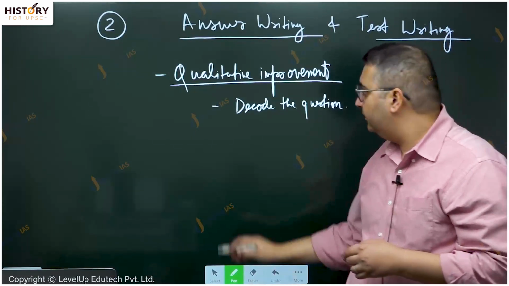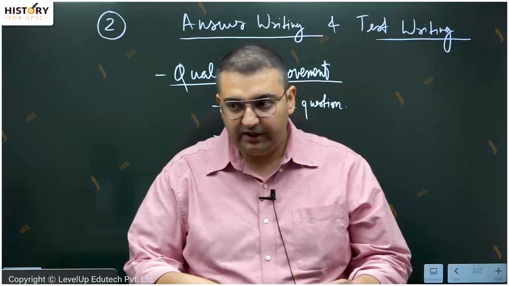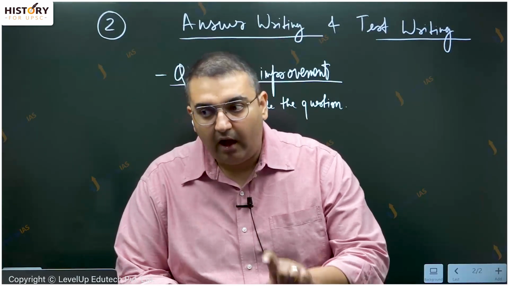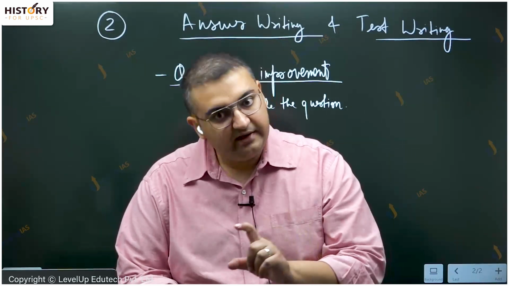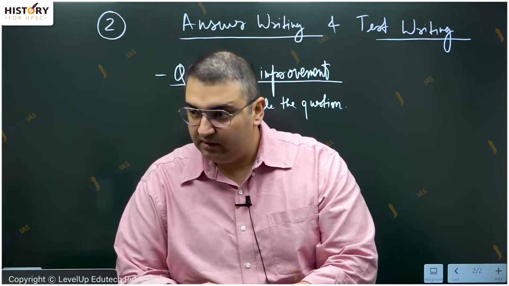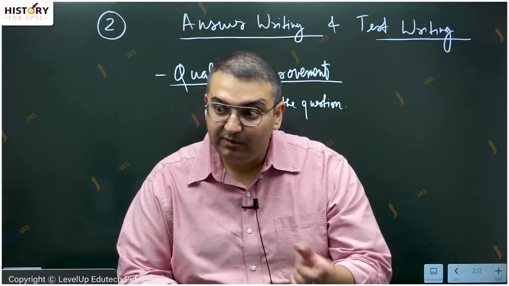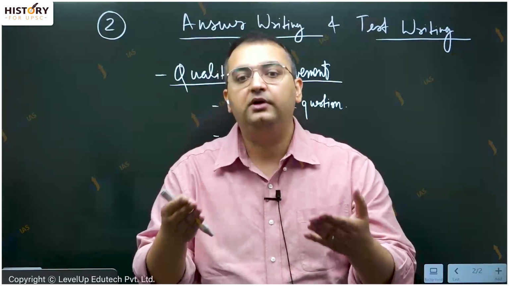Right? Now, once you have understood the exact demand of the question and you know that you have all the relevant content, how to selectively use that content, because by the time you are in the final stages of your preparation, the problem will not be that you do not have sufficient content. Rather, the problem will be that you have too much content, what to pick, what to leave out.